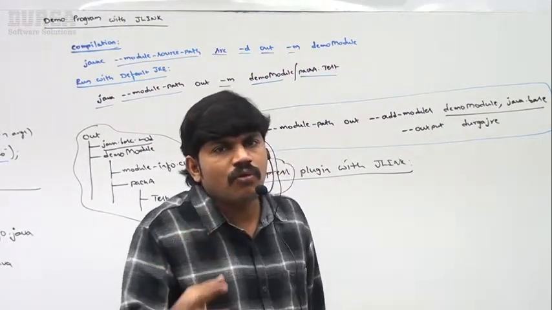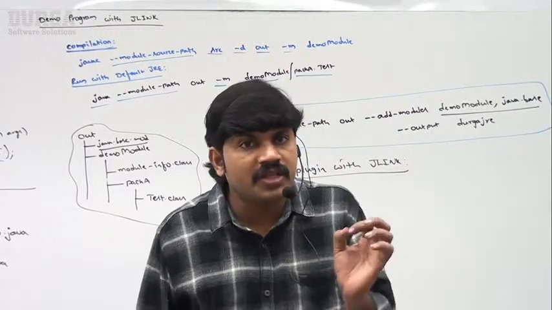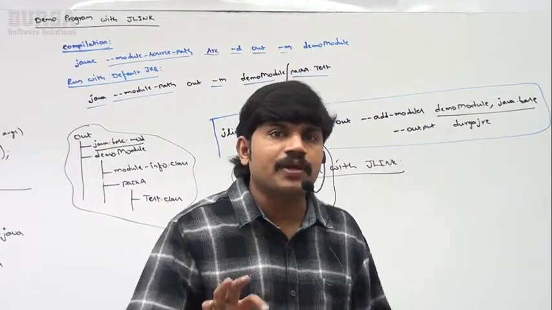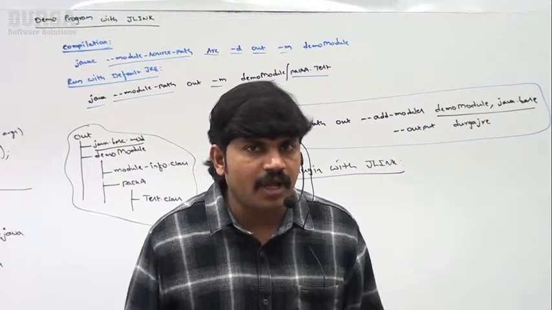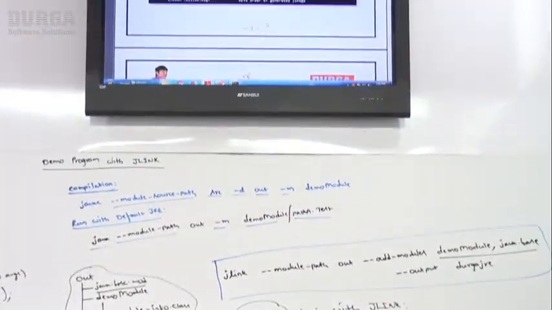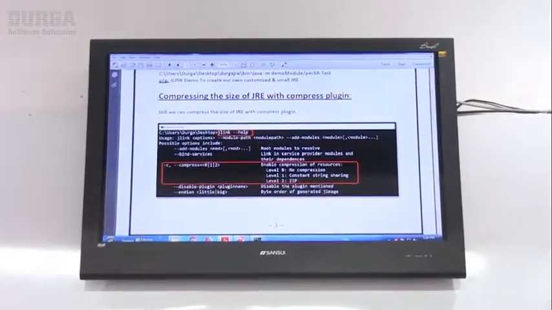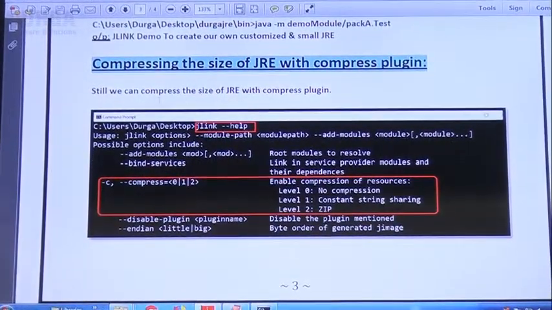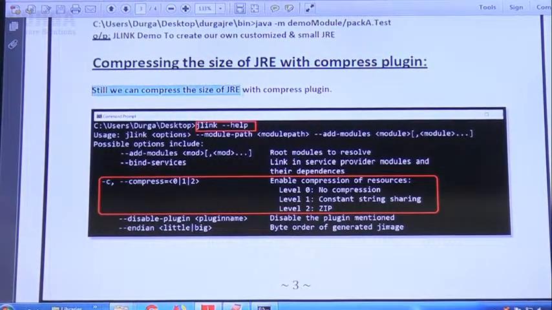If you want to know all the options available with JLink, type -help and you can see all available options by default. Just observe on the screen: compressing the size of the JRE with the compress plugin. We can still compress the size of the JRE with the compress plugin.